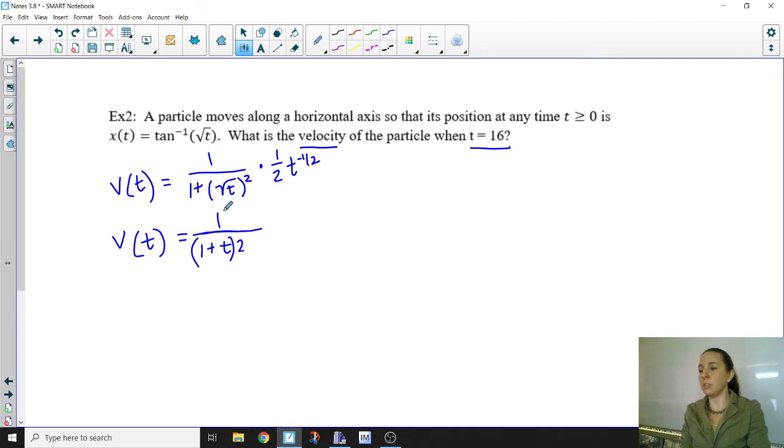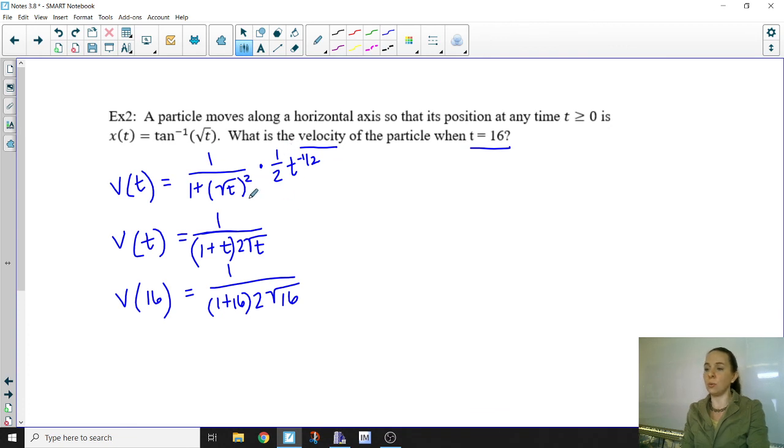And the t to the negative 1/2 is a square root of t in the denominator. So you could do that simplifying for the purposes of being able to easily calculate v of 16. If it's calculator allowed, though, taking this form and subbing 16 in where you see the t's is going to work just as well.